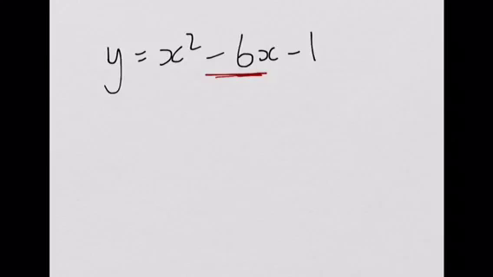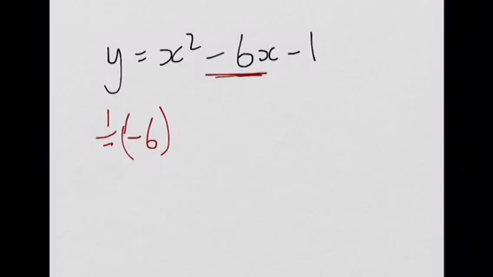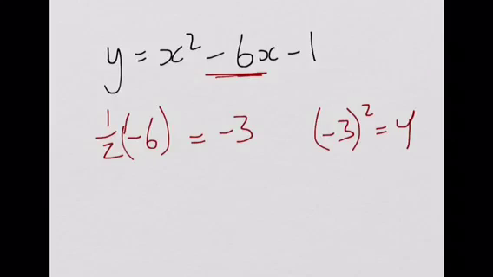So first we want to get our b coefficient, or our x term coefficient, and that is negative 6. What we want to do is halve that, which gives negative 3, and then take that number and square it. So negative 3 squared is 9.